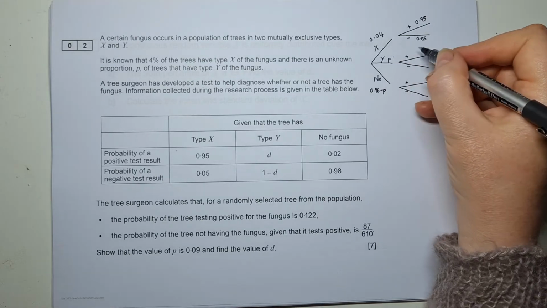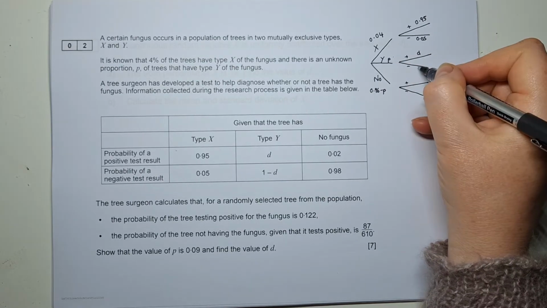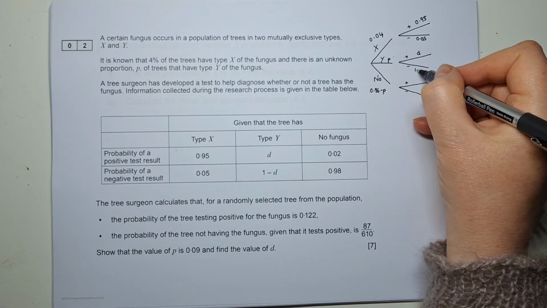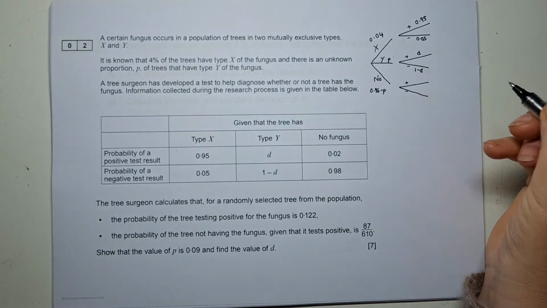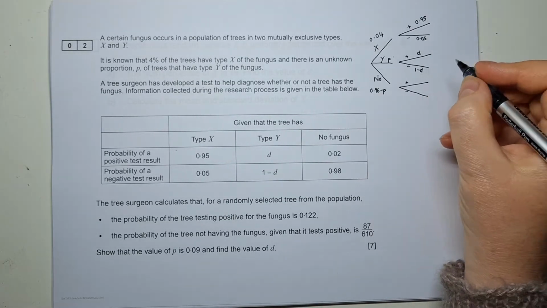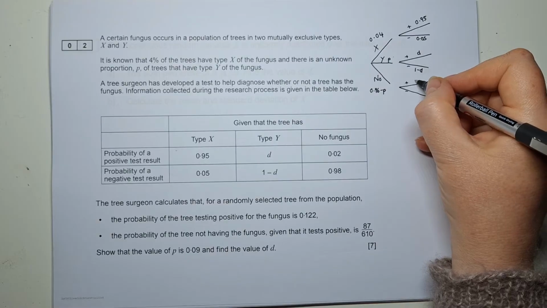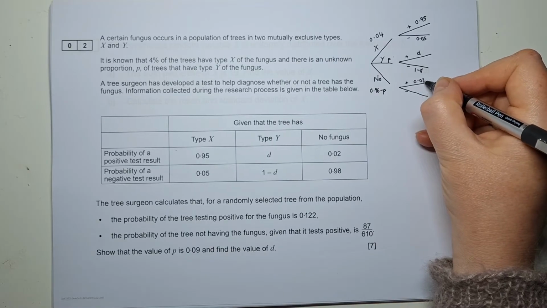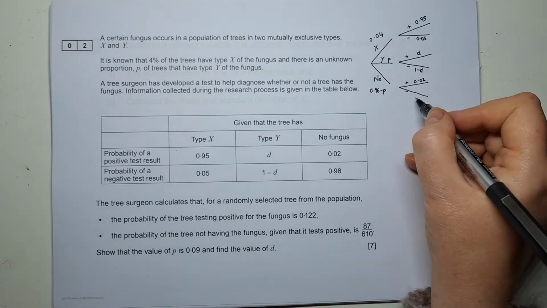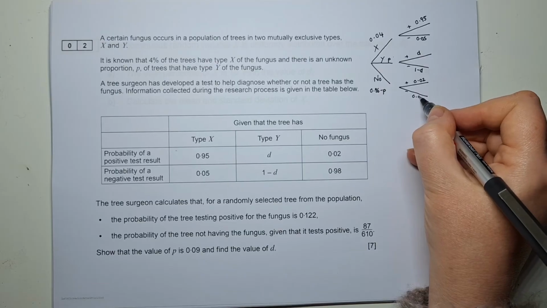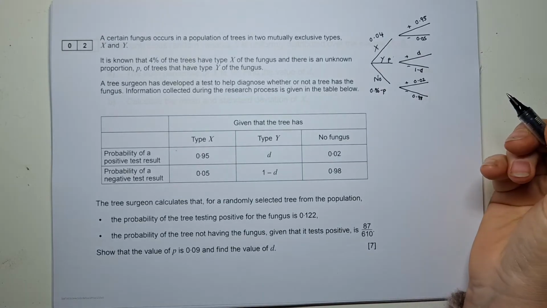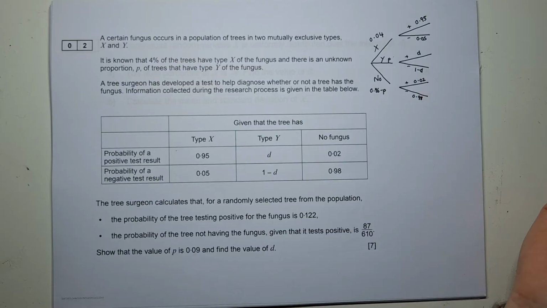If it's a Y fungus, the chance of it showing up is D and 1 minus D for it not being visible on the test. And if we don't have any fungus, the chance of the test saying we did is 0.02 and the chance of it saying we don't is 0.98. So there's our tree diagram.